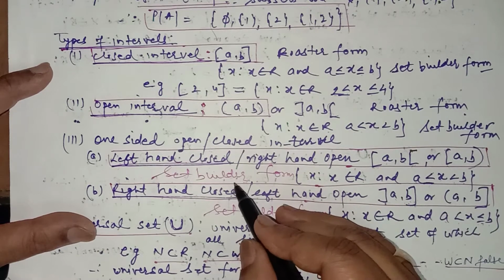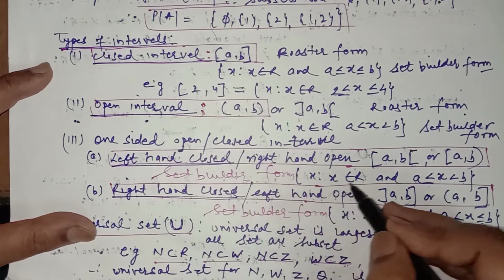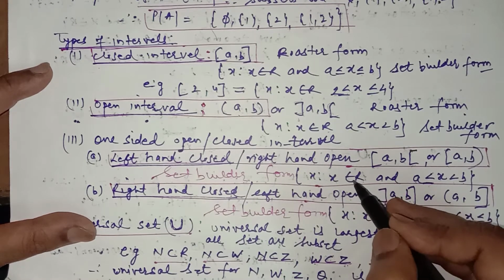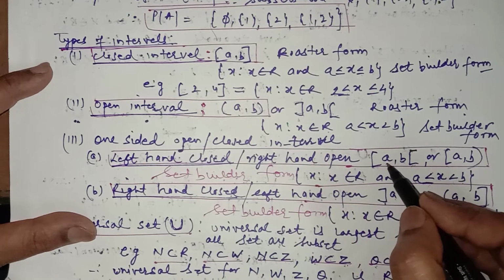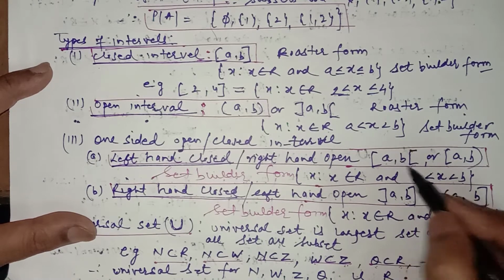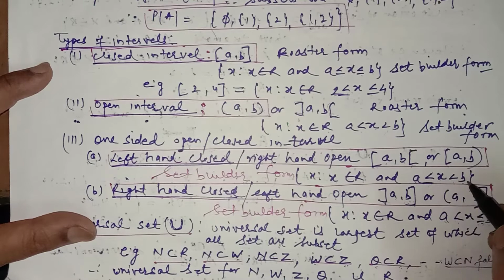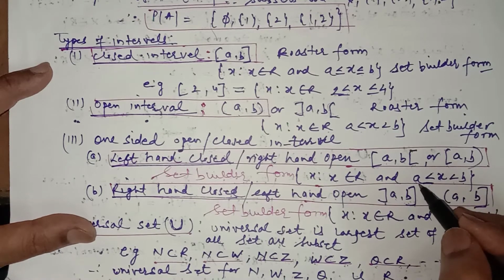The set builder form for this is x such that x belongs to real numbers, because these types of intervals always contain real numbers. A is included and b is not included, so x is greater than or equal to a and less than b, with the equal sign in a only.